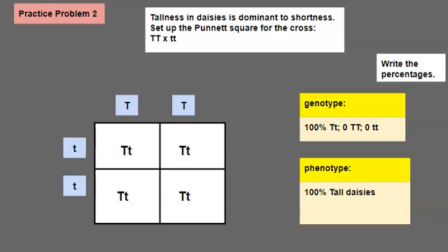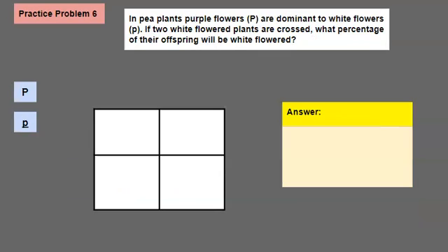All right, so our next problem together is problem 6. And in this problem, we have pea plants. So in pea plants, purple flowers, capital P, are dominant to white flowers, lowercase p. If 2 white flowered plants are crossed, what percentage of the offspring will be white flowered?